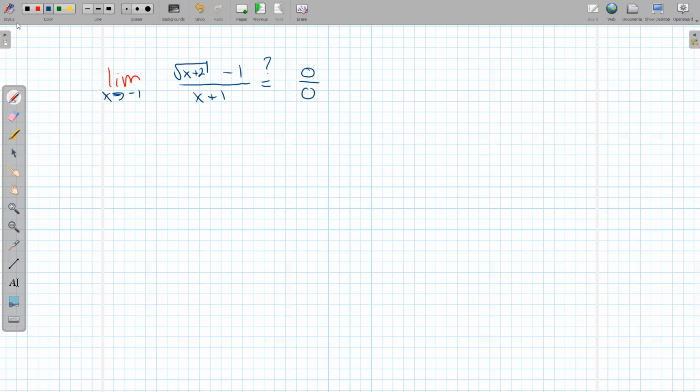All right, back here. The algebra for something like this, when you have roots involved with a sum or a difference, is to use a conjugate of the root, which in this case would be the square root of x plus 2 plus 1. So we just change that difference to a sum, or a sum to a difference, outside of the root. We're going to multiply top and bottom by that.